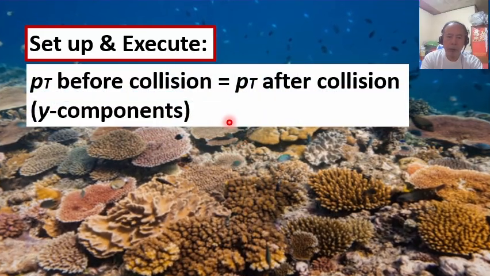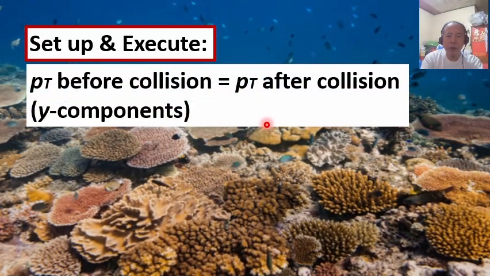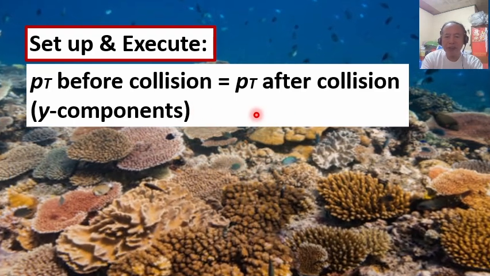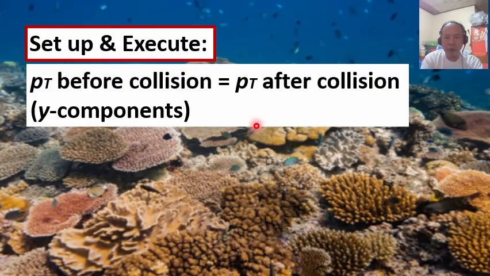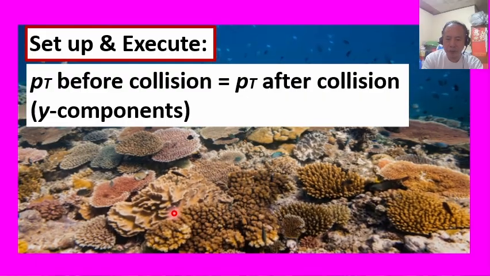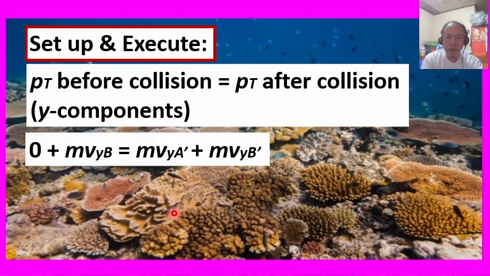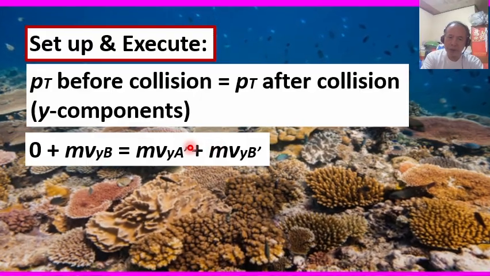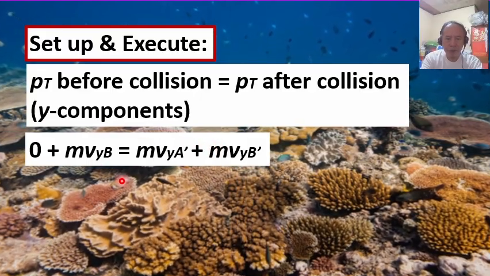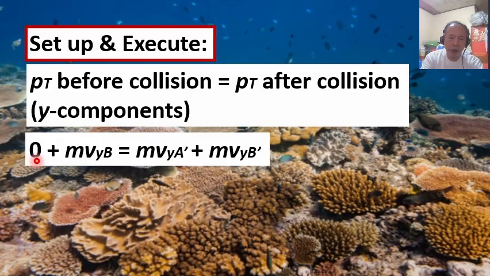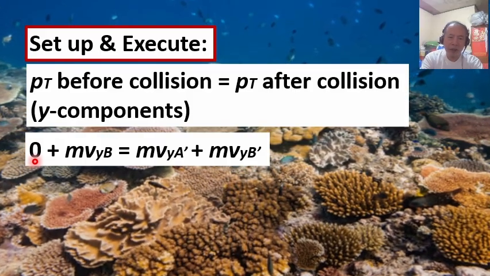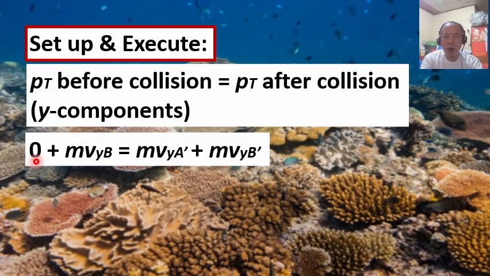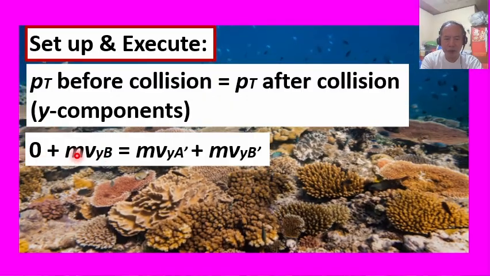Similarly, we do the same thing for the y components of the momenta of the two particles before and after collision. So we have this equation. 0 here represents the initial y component of the momentum of particle A. That's before the collision.